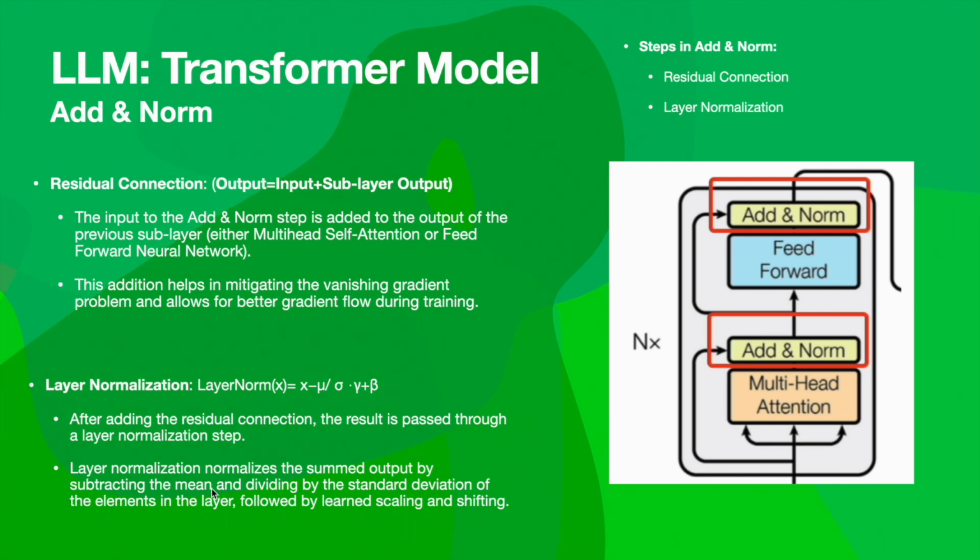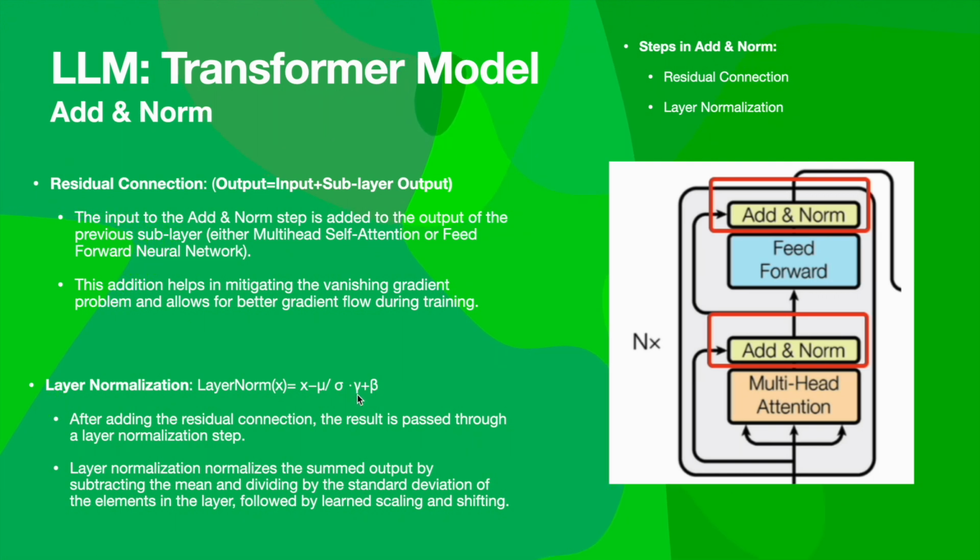The second thing we are going to say is that layer normalization normalizes the summarized output by subtracting the mean, whatever mean we have, and dividing by the standard deviation, whatever standard deviation we are getting after concatenating the previous sublayer and the current sublayer in the layer, followed by learnable scaling and shifting. This is basically gamma, the learnable parameter during your training time.